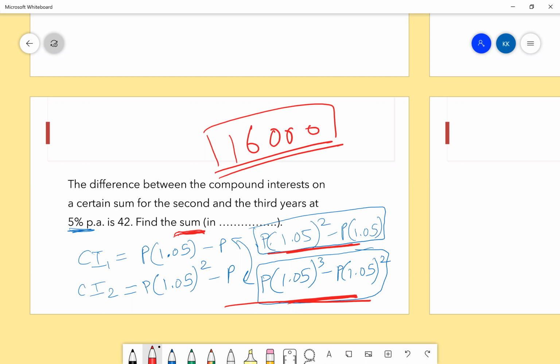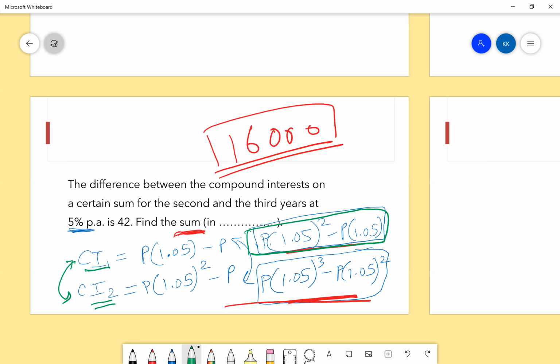Kesri, can you just explain this once again? Okay. Compound interest for the first year is P into 1.05 minus P. Compound interest till the second year, not for the second year, is P into 1.05 squared minus P. So if I want the compound interest only of the second year, meaning what has been added in the second year, I will subtract these two, and after subtracting, I will get this.